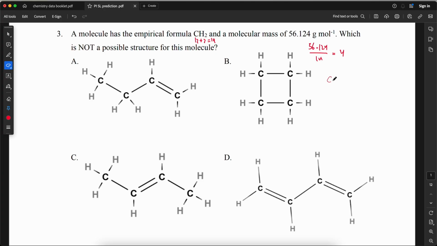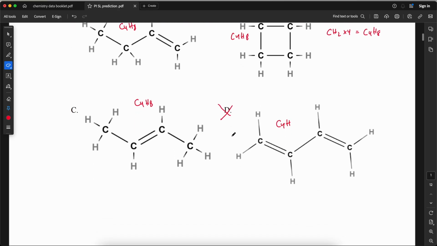Okay, so now CH2 times 4, it will be C4H8. So we need to find out which one is not C4H8. This one, C4H8, this one also, and this one also, but not for this one. This one is C4H12. So the answer is D.